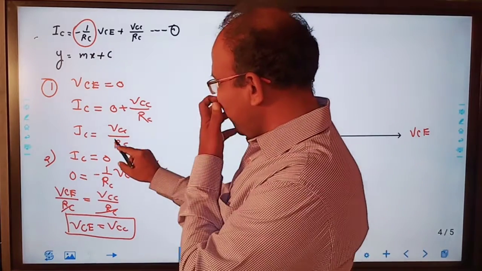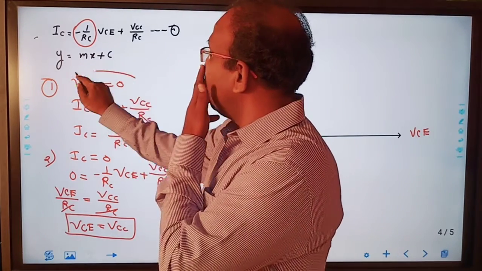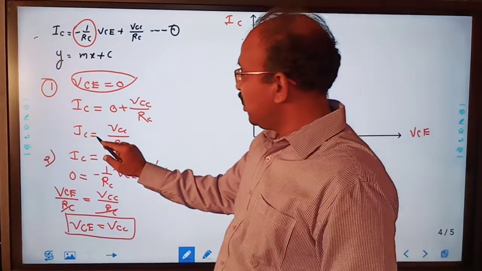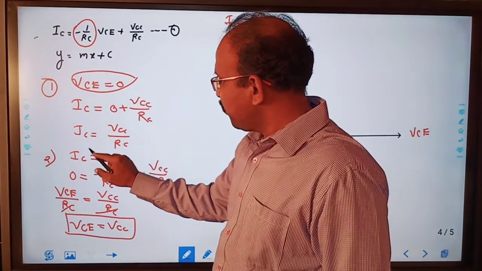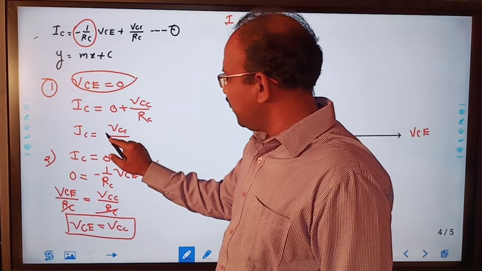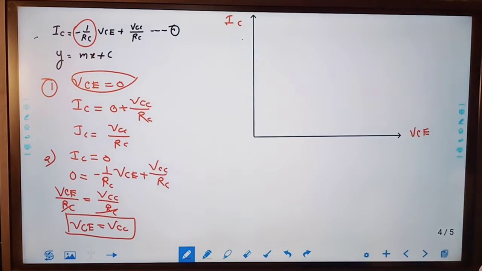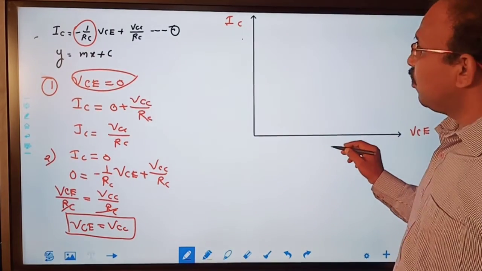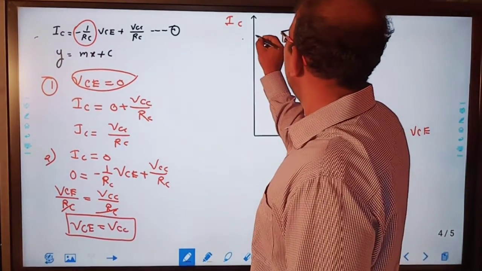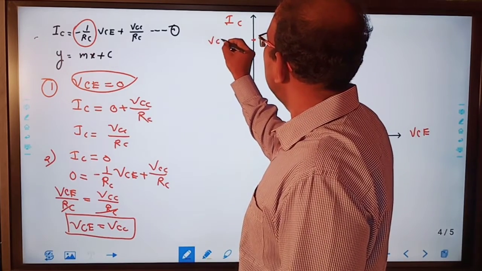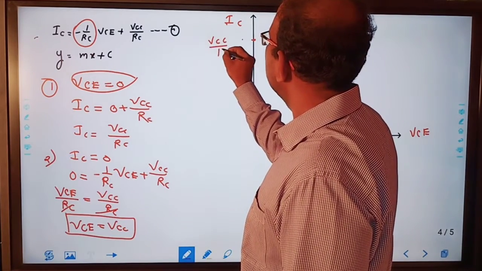One point we got when VCE is 0: the first point, IC is equal to VCC by RC when VCE is 0. So here we got this point, VCC by RC.